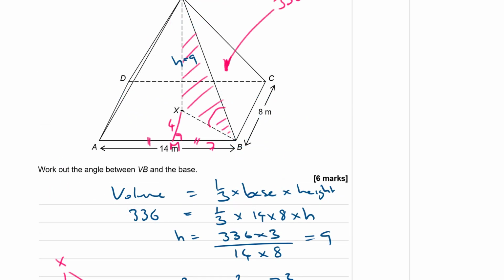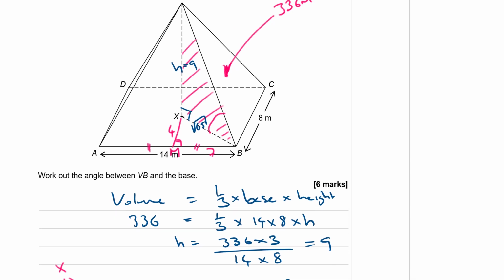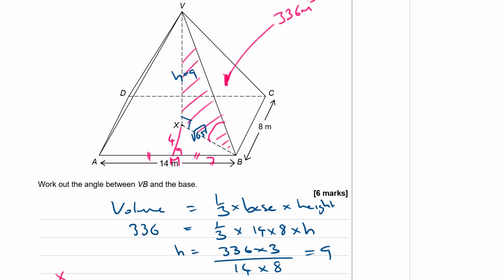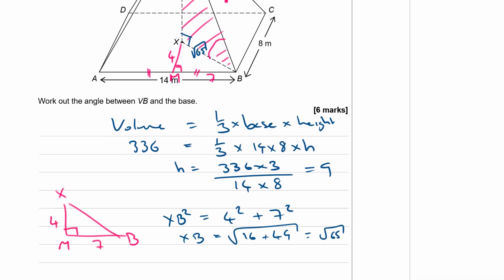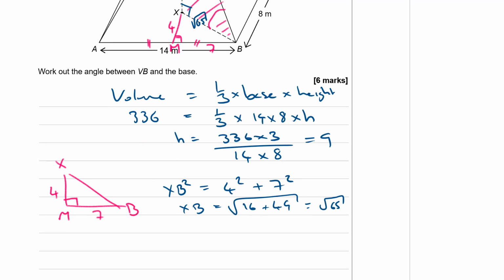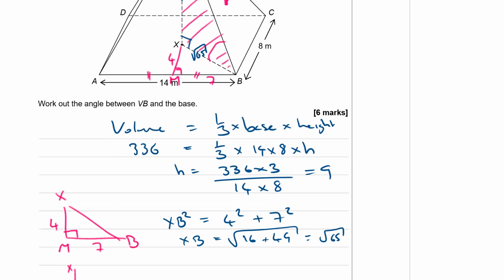Okay, so now we've got this side here, which is root 65, and we know h is 9, and we've got another right angle triangle here. We can then use triangle XBV to work out the angle. So again, let's just take that triangle out and draw it down here. So this is the tip of the triangle, so it's V, isn't it, at the top.